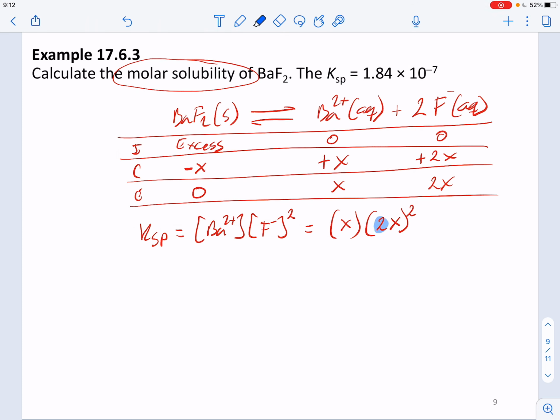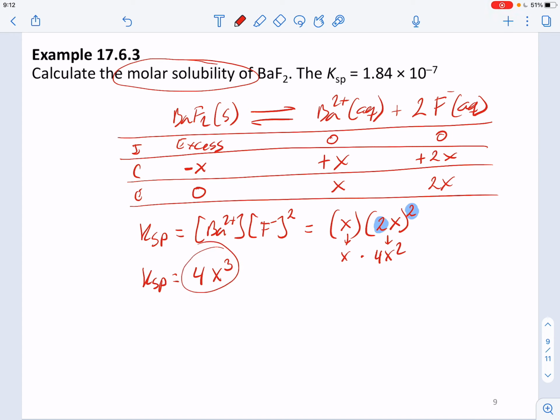You have a 2 here, you also have a 2 there. So you end up with Ksp being equal to 4 times, because it's 2 squared, x cubed. Where does the x cubed come from? Here you have x. This becomes 4x squared. So x times 4x squared, that's 4 times x cubed.